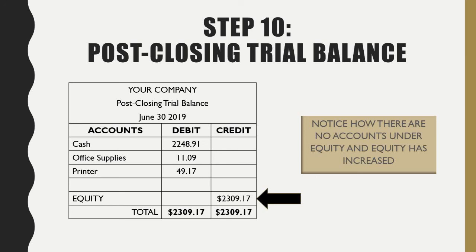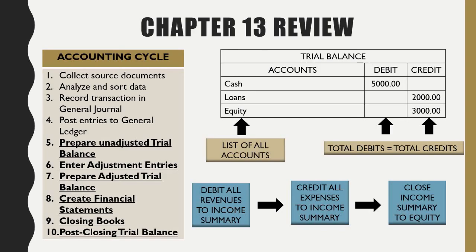Those never close out. And your equity account should be whatever your ledger shows. So you're going to run that just in case you made a mistake somewhere along the lines when you were zeroing out every single account. And that is step 10, and that is the conclusion of your accounting cycle.